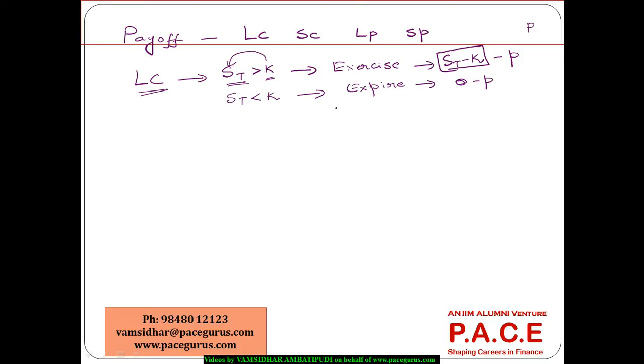So this is what is going to be his overall profit position, and whatever is the payoff for long, exactly opposite is the payoff for short, because whatever is the profit that the long has got, it is the loss for the short and vice versa.